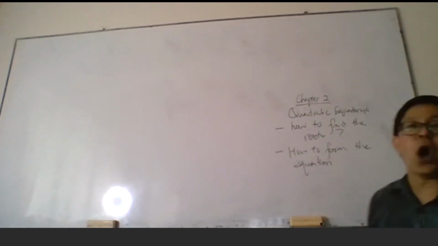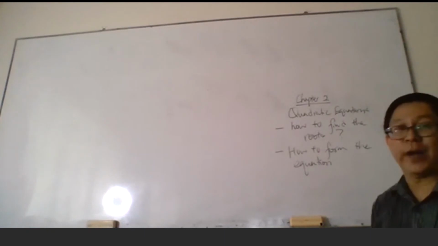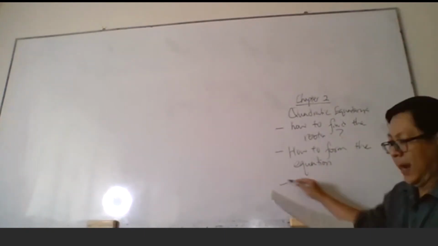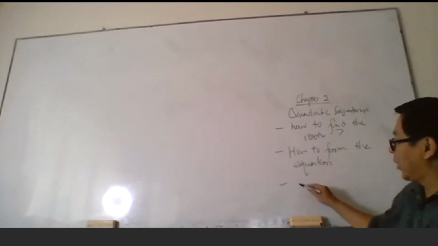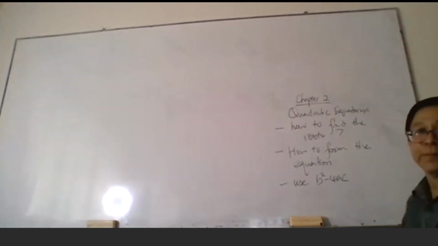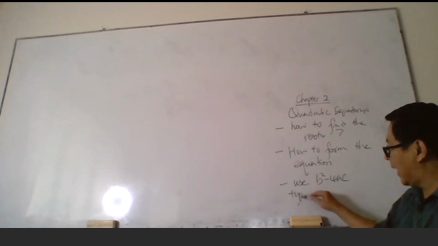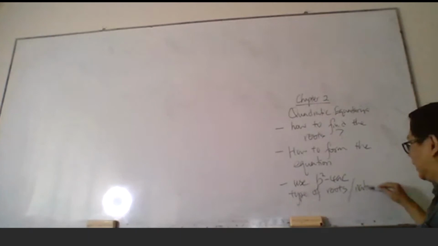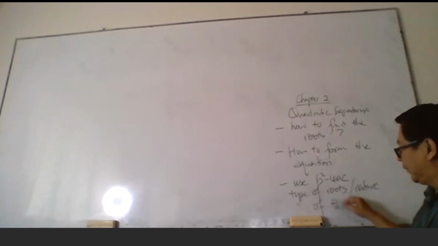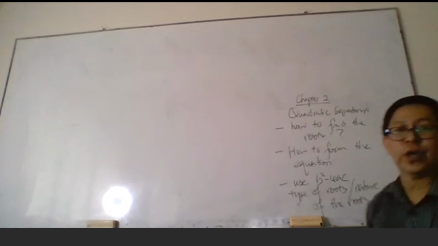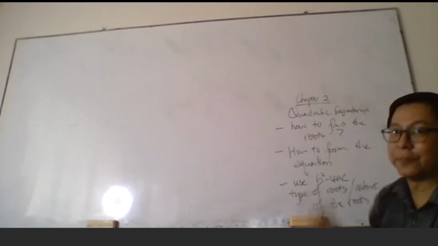Of course, this is not linear, this is not a straight line, this is a curve called quadratic equation. And lastly, we teach you how to use b squared minus 4ac, which is called the type of roots, or the nature of the roots. I will tell you in the lesson.